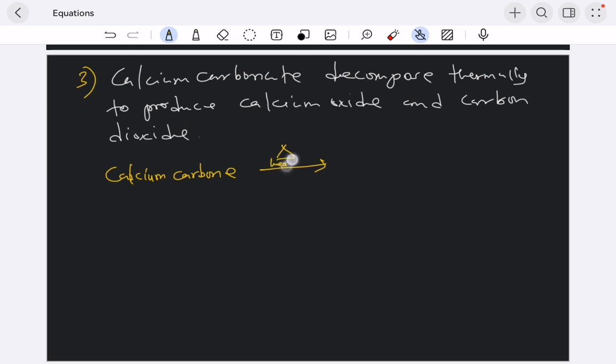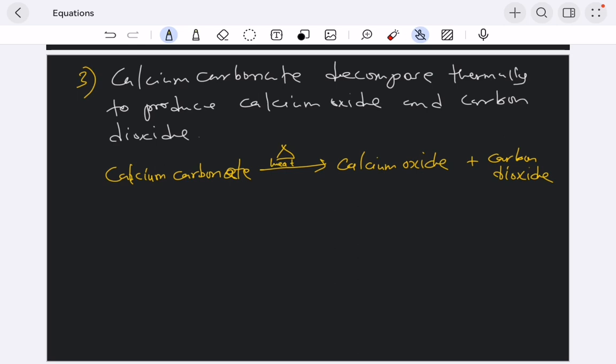So it's a thermal decomposition, meaning it's subjected to heat, and then calcium carbonate decomposes thermally to produce calcium oxide plus carbon dioxide.